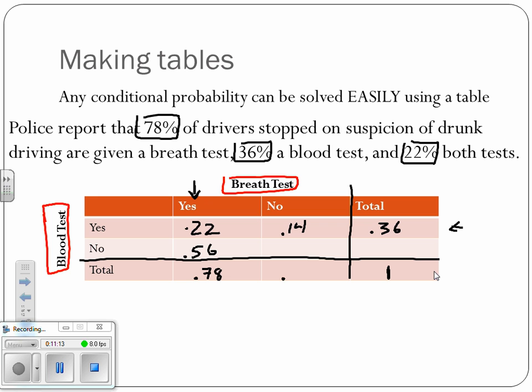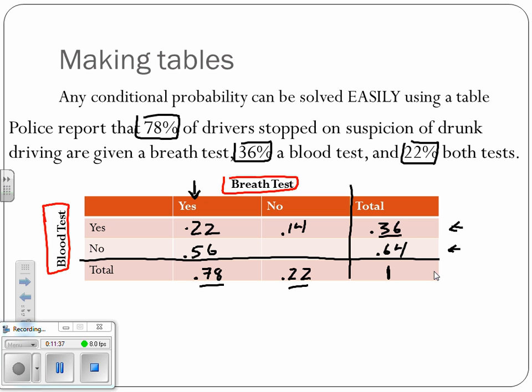So if 78% of people are given a breath test, 22% of people are not. If 36% of people are given a blood test, that means that 64% are not. And then the final piece, because again, each row should add up to be the total, and each column should also add up to be the total. And that's a real quick way to check.